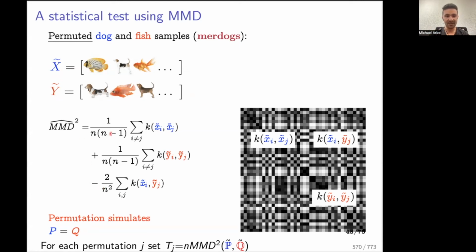And so we can estimate the MMD of these shuffled data, again, by forming a similarity matrix, which now does not have any particular structure, and you can estimate the MMD. So now the resulting estimate that we get is actually, we can claim that it's a sample from the red density that we are interested in, simply because these samples are really coming from the same density, which is the mixture of P and Q. And so we can repeat this experiment by every time shuffling the data in a different way randomly and computing the MMD statistics that is scaled by the number of samples.